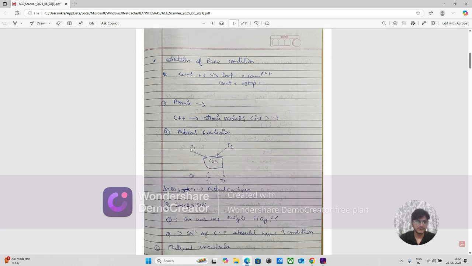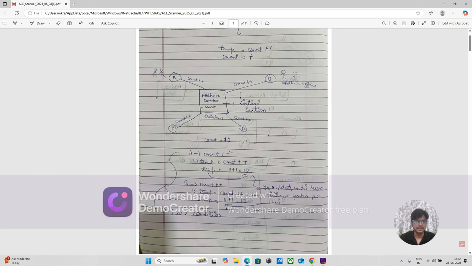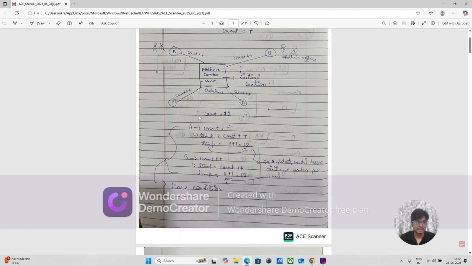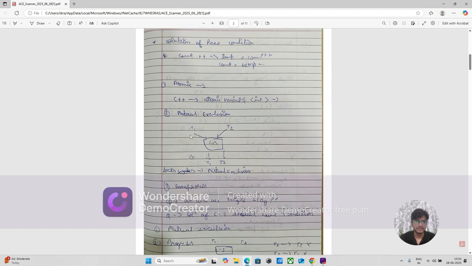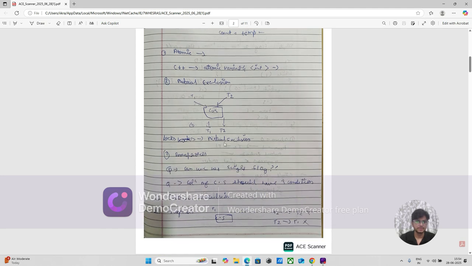What will happen is, if T1 has come to this critical section, let's suppose this database is a critical section, so thread 1 goes in, and if thread 1 is in the critical section, then T2 has to wait. So these locks can solve this problem.